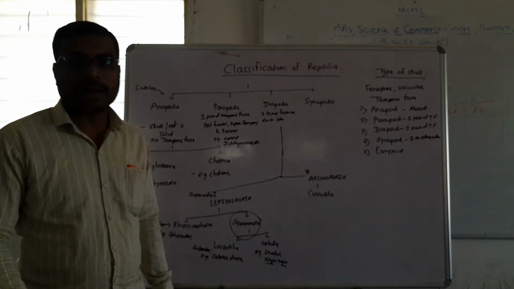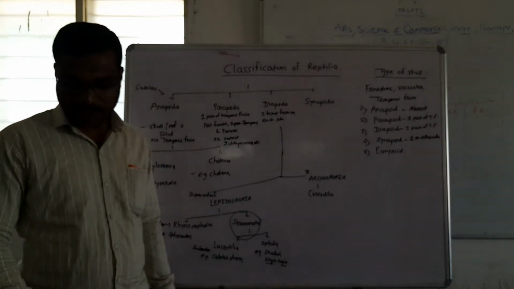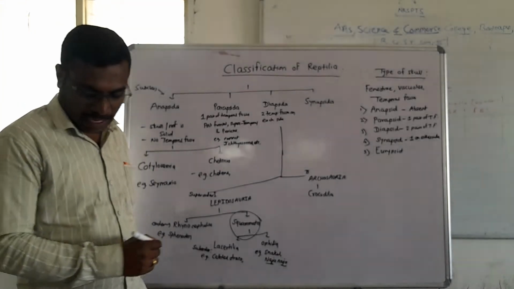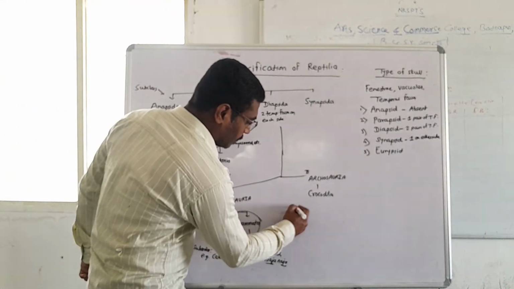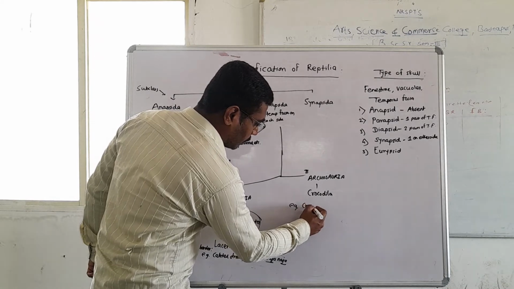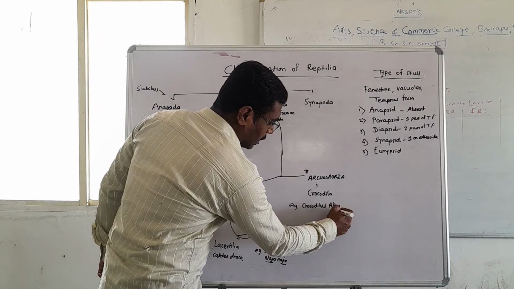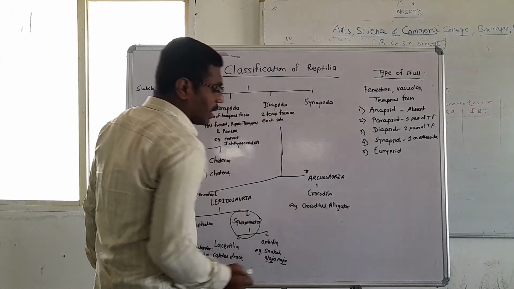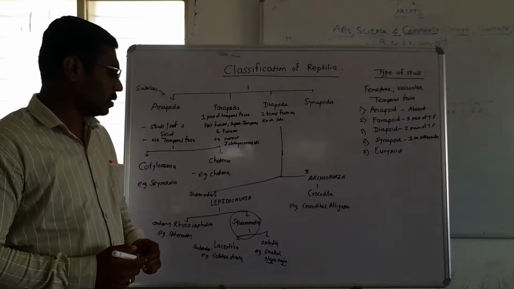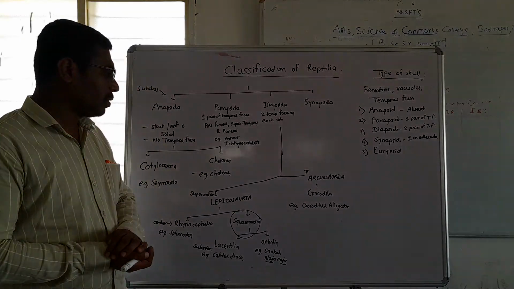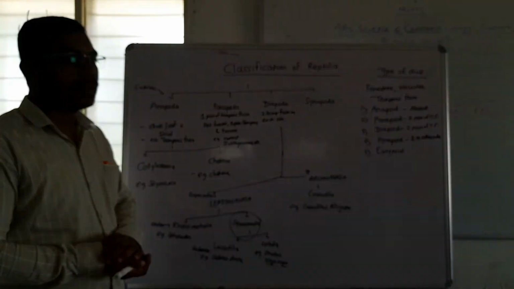Their vertebrae are procoelous type. Sternum is present. Examples are Crocodylus and alligator. These are the examples of order Crocodila.